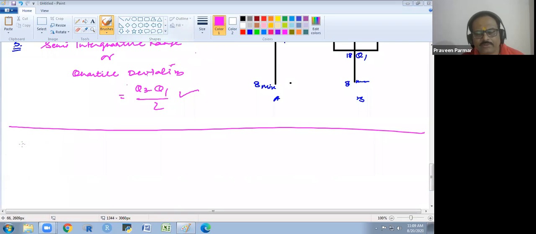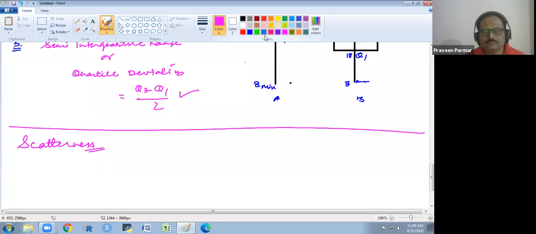Now we talk about the scatterness. I have explained the average scatterness. We will see the scatterness that we have read in the book.